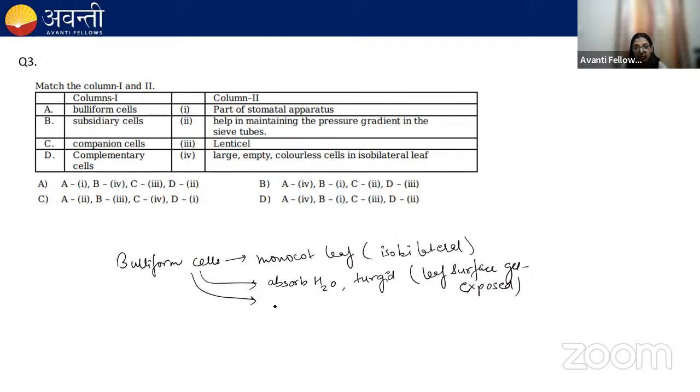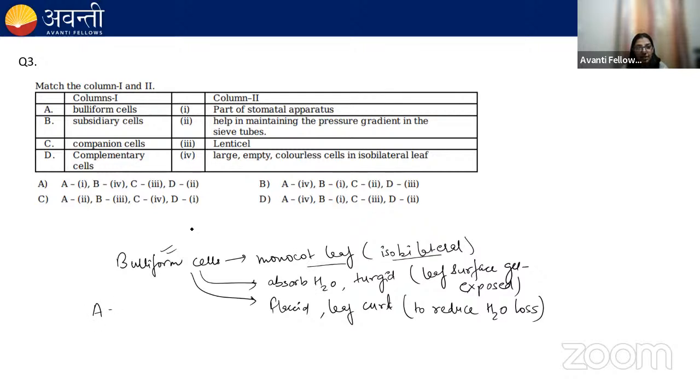And when these bulliform cells become flaccid, the leaf gets curled to reduce the water loss. So you will observe bulliform cells in the monocot leaf, which is the isobilateral leaf.